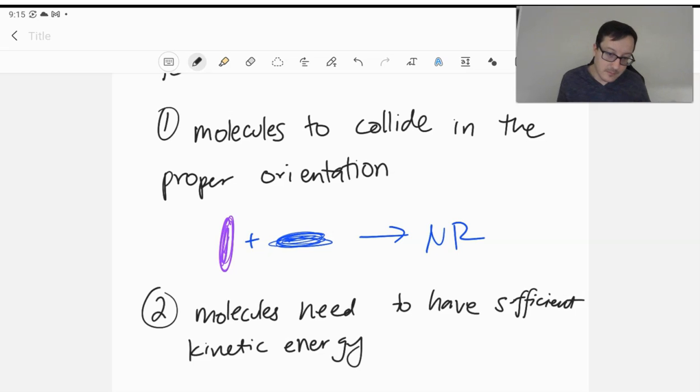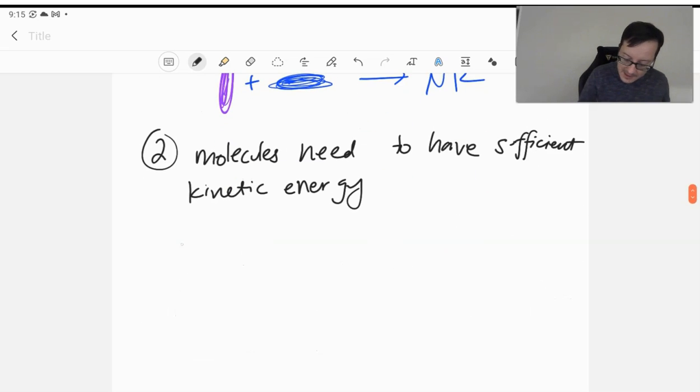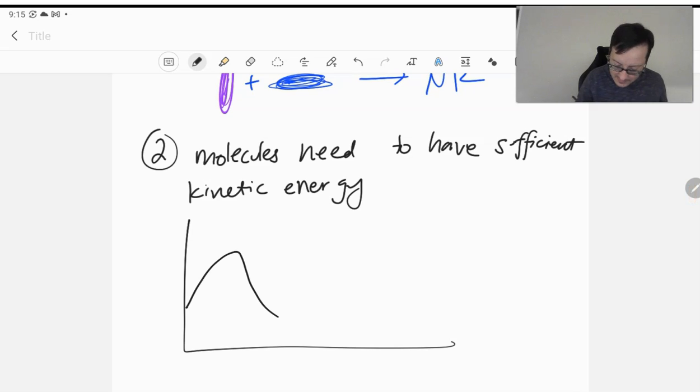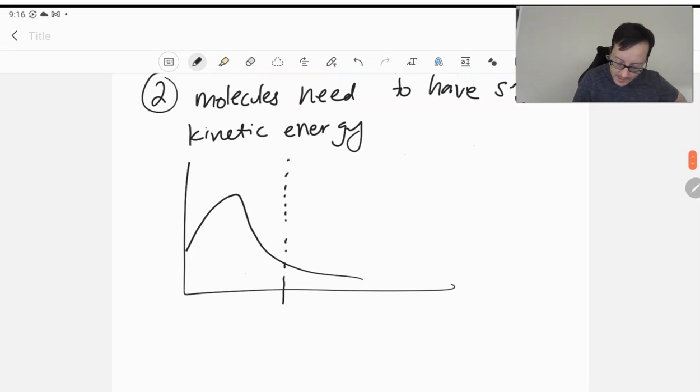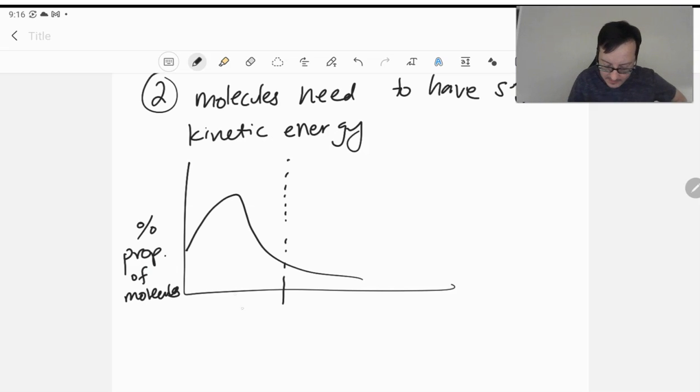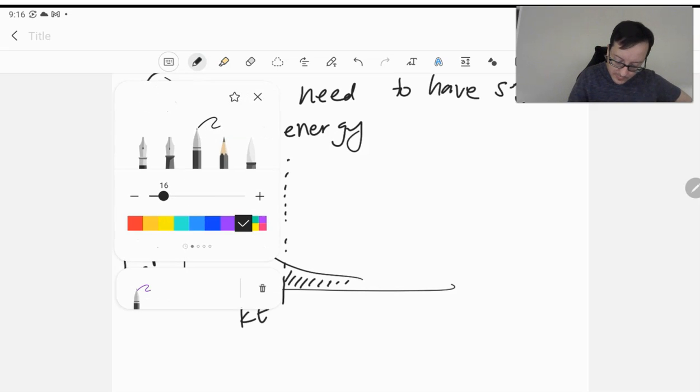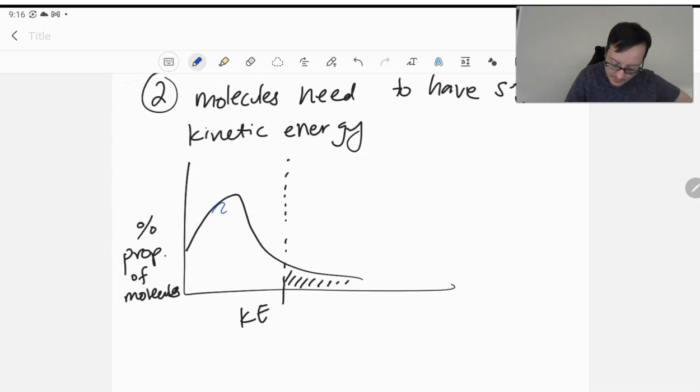And we know from when we talked about gases originally, at a given temperature, maybe this is our graph of the proportion of molecules. Maybe that's a percentage. And this is the kinetic energy down here. At a given temperature, a certain proportion of molecules will have sufficient kinetic energy to be able to react. But as we know, if we increase the temperature, we'll end up shifting this graph over a little bit.